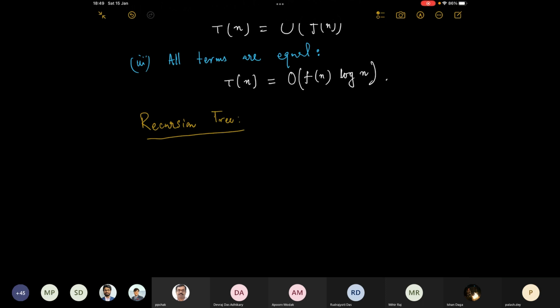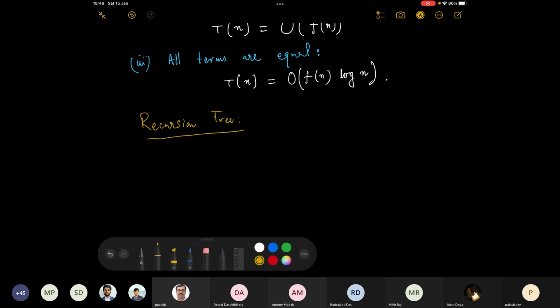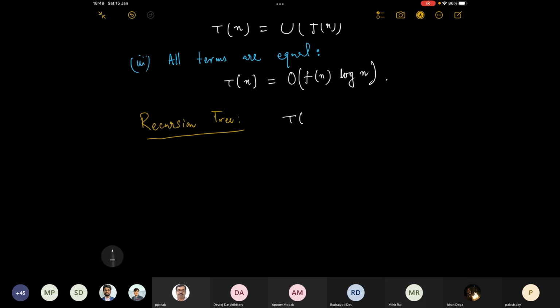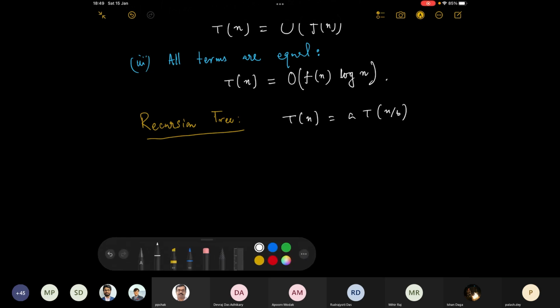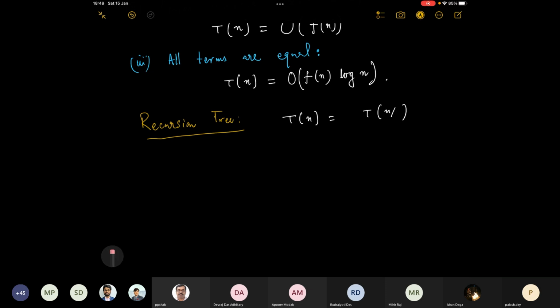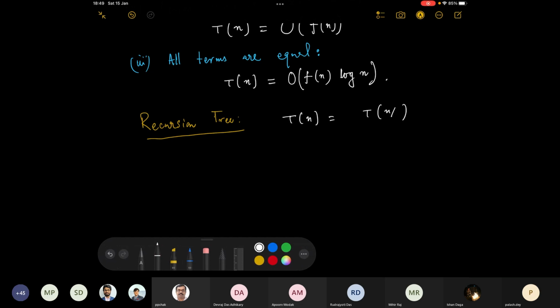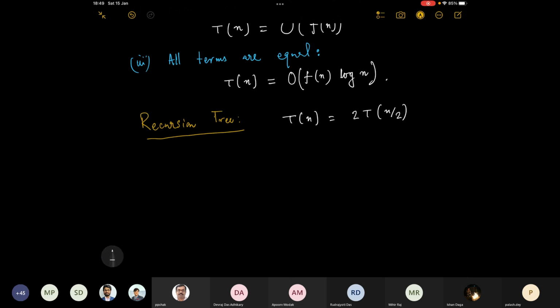Suppose you have a recurrence relation like T(n) = aT(n/b). Let me not do n by b; let me do the beautiful one, merge sort: T(n) is less than or equal to 2T(n/2) + Cn.